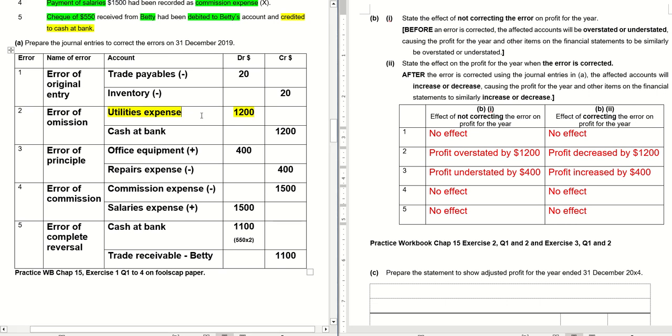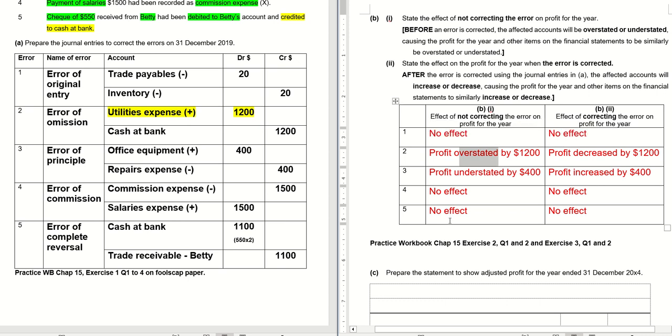You were supposed to increase utilities, but you did not. And because you did not increase utilities, utilities is understated. And when utilities expense is understated, profit is too high, overstated by the same amount.